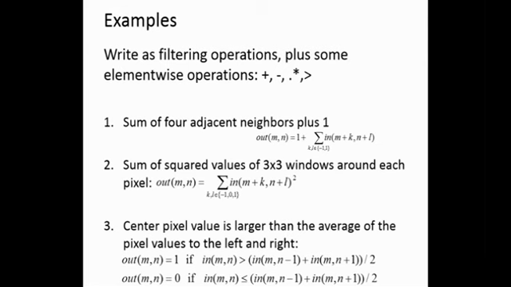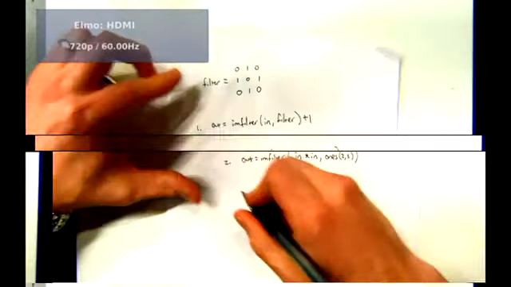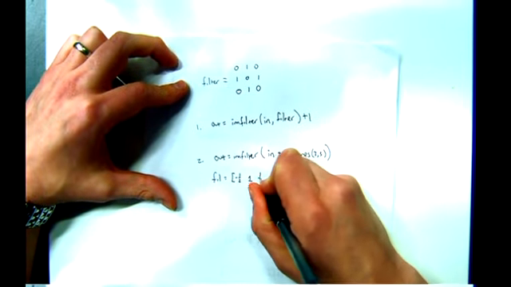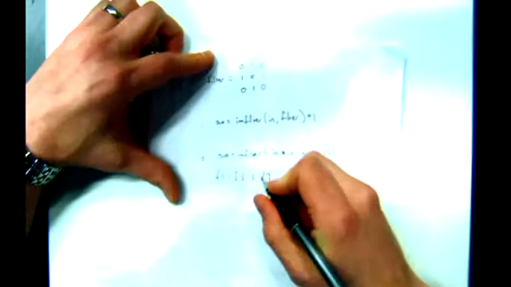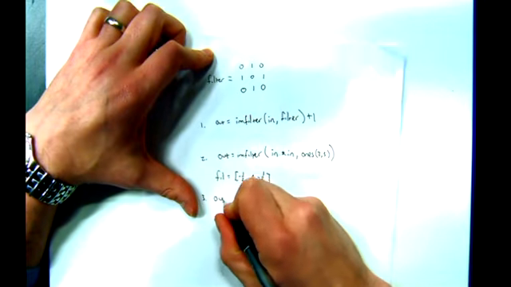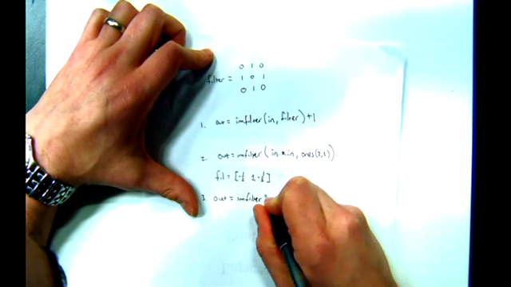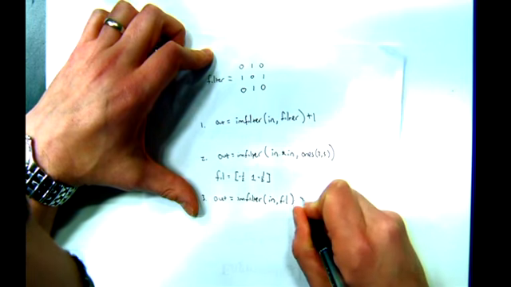So yes, let me just write it out. We can do a simple filter that's -1/2, 1, -1/2, right? And then out equals imfilter of in with the filter, greater than 0.